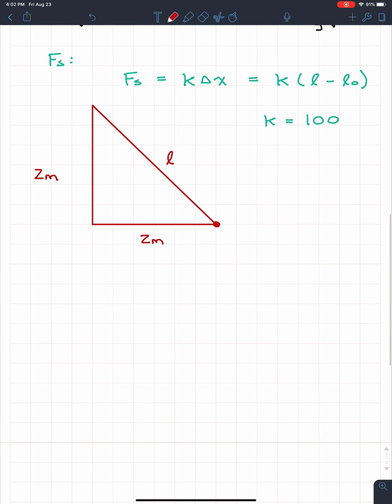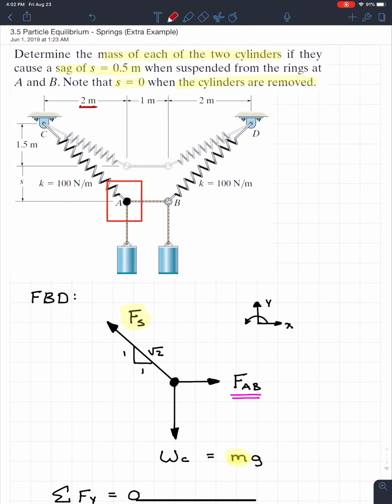But we can find L is equal to the square root of 2 squared plus 2 squared. So that's 4 plus 4 is 8. So L is going to be root 8, and of course L has units of meters. That right there is its length after the load, its stretched length.